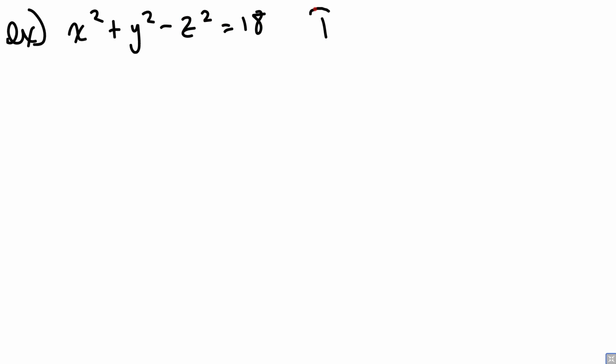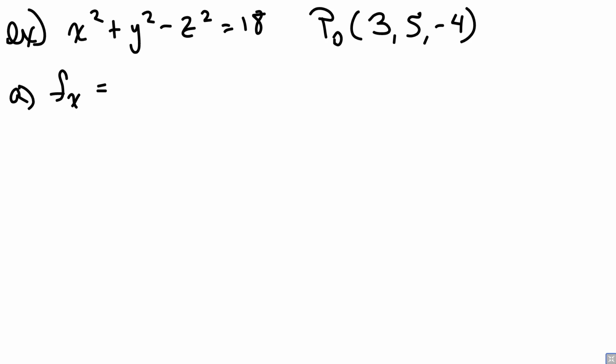And we're given a point of 3, 5, and -4. Okay, so for part A, what it wants us to do is find an equation of a tangent plane at p sub 0 on the given surface. Basically, what we're going to do first is find all the partials. So if I do the partial of f with respect to x, what is that going to be equal to?